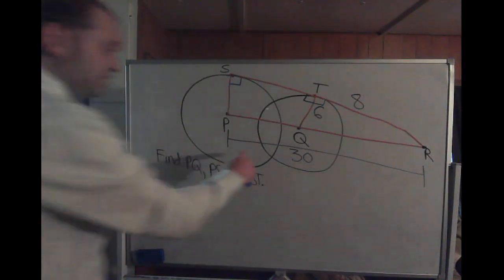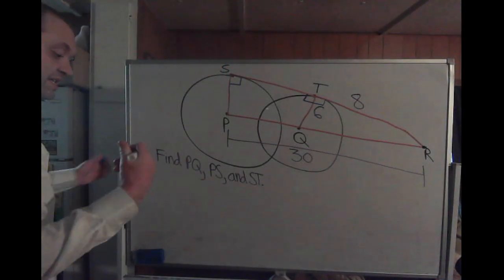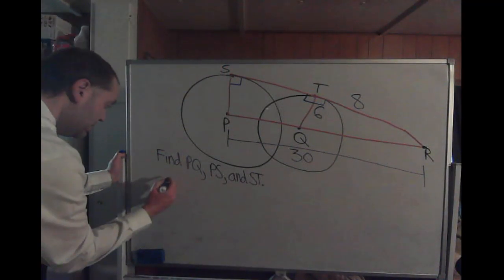So we know the length of the whole thing is 30. We're just going to focus on QR at the moment. So let's set up our Pythagorean theorem.